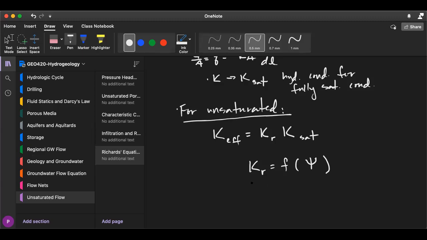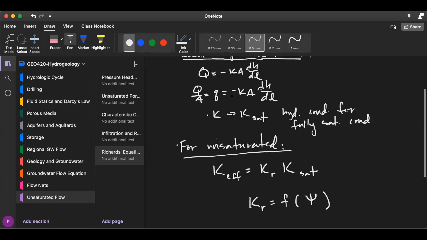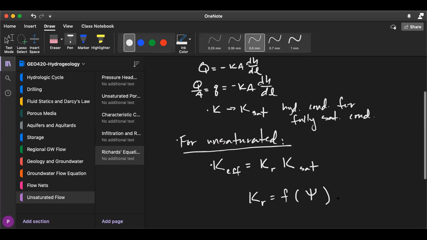Okay, so how do you think we modify Darcy's law for unsaturated zone flow? Yeah, exactly. We're just going to take this K effective and plug it in here, and I'm just going to write it out the long way. So first, I'm just going to say we could also write K sub R is a function of psi.